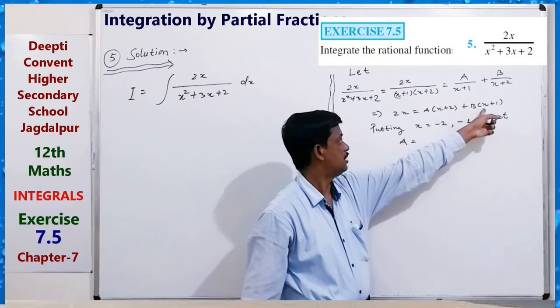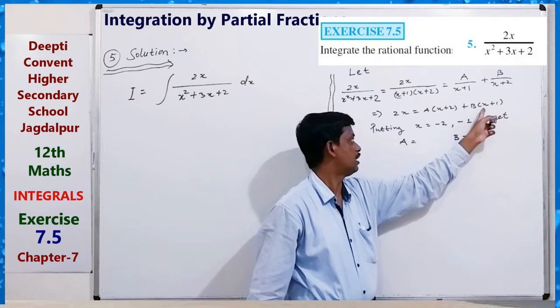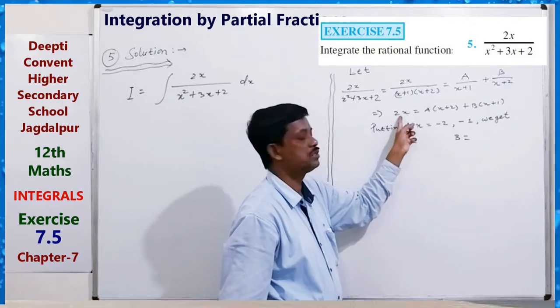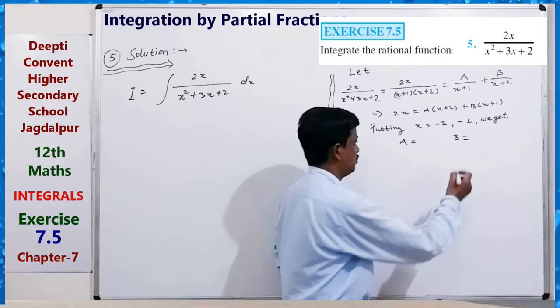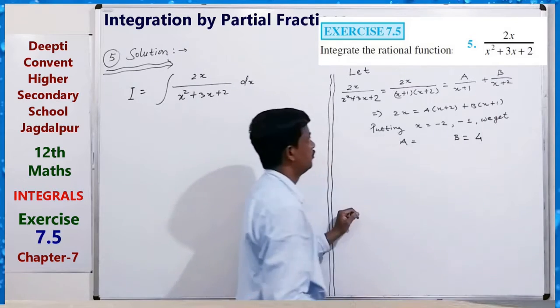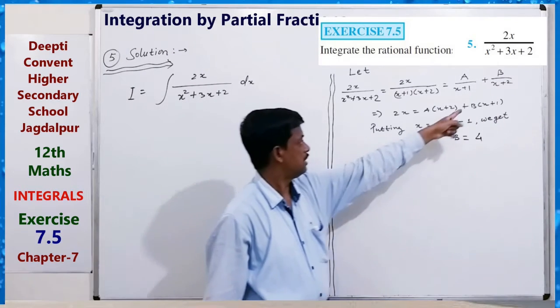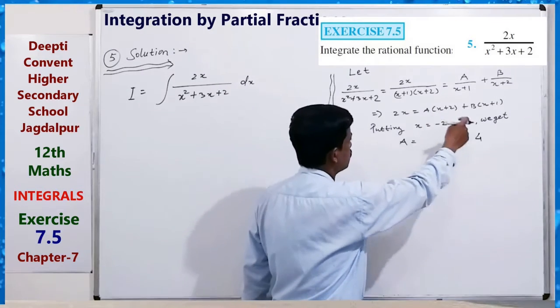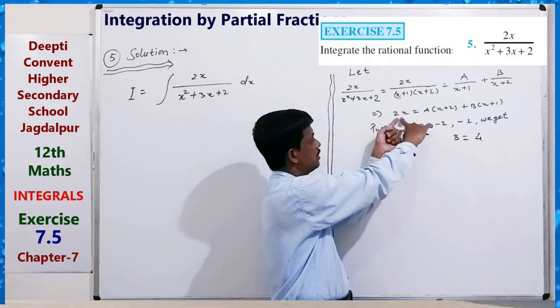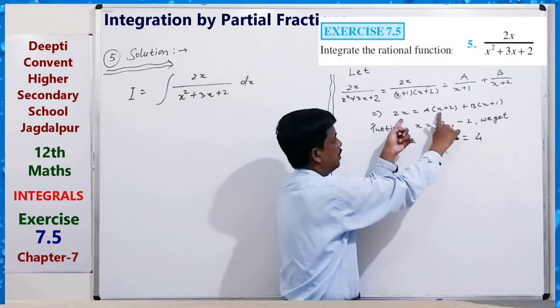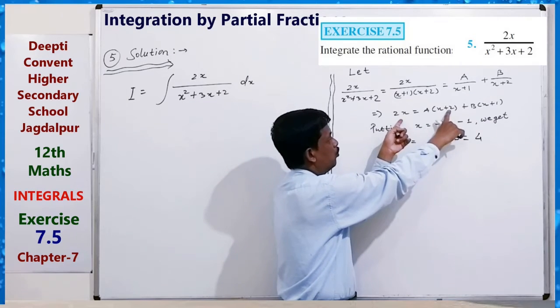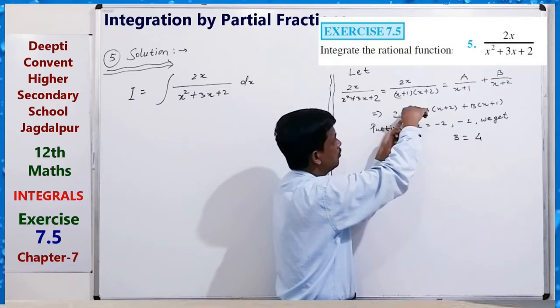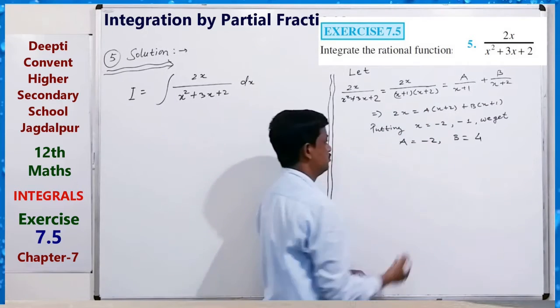Minus b equals minus 4, so b equals 4. Here x equal to minus 1, so minus 2 is here. This is 0. Minus 1 times a, so a equals minus 2.